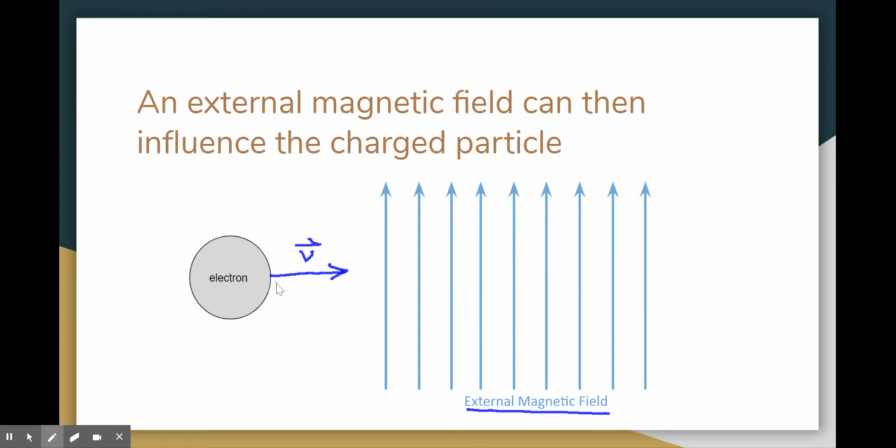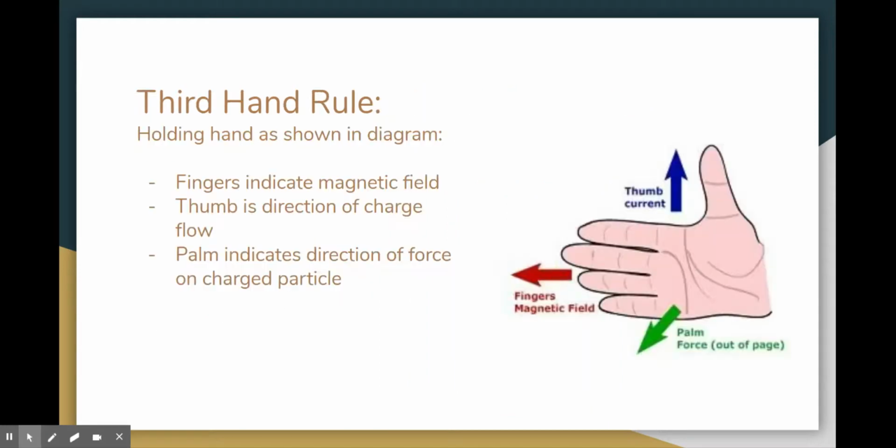And as a result, as this object travels from left to right, it will feel a force on it because the two magnetic fields interact. So here is the third hand rule that allows us to predict how the interaction between that external magnetic field and the magnetic field of the charged particle results in some sort of force.